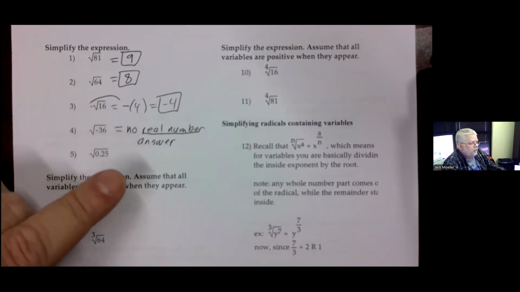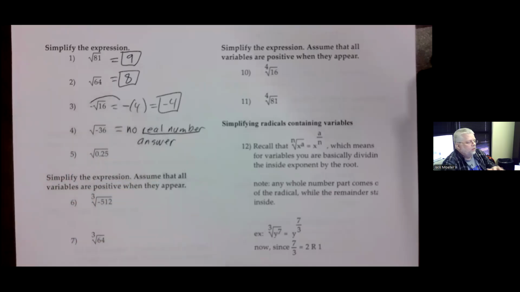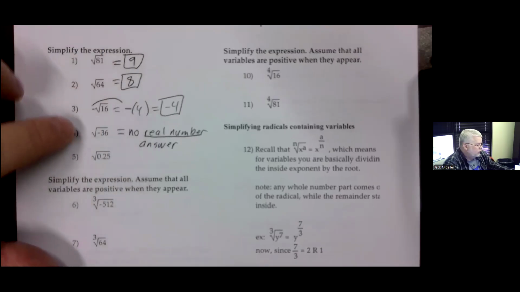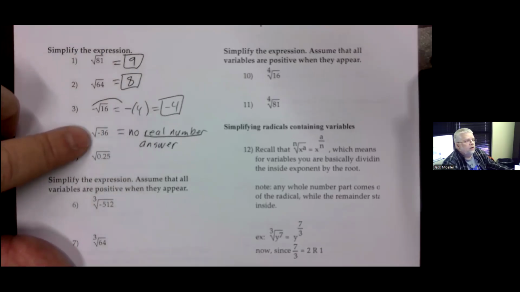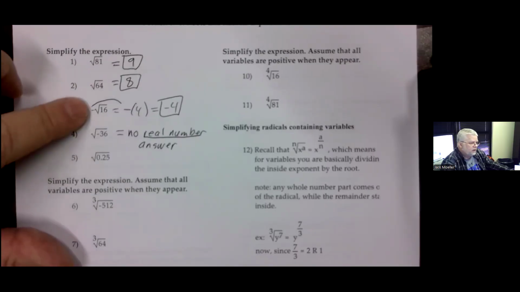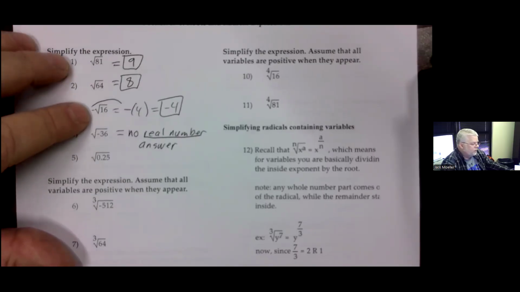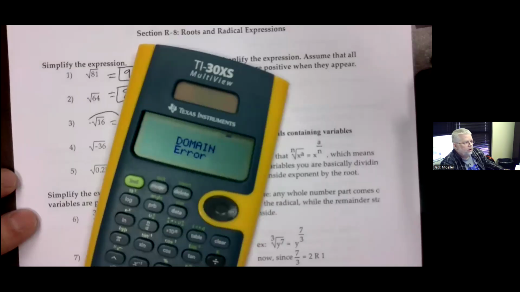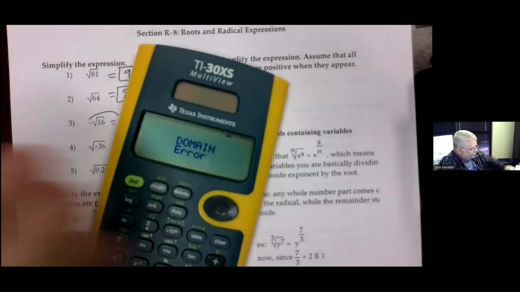Once we cover complex numbers in 1.3, then there is going to be an answer with the imaginary number, but that's why it's no real number answer. So just be aware of that. You cannot take square roots of negative numbers. Negative on the outside is fine because you're just doing the opposite of whatever your positive answer is. Not allowed to do square roots of negatives, which again, is why your calculator is giving you an error message.